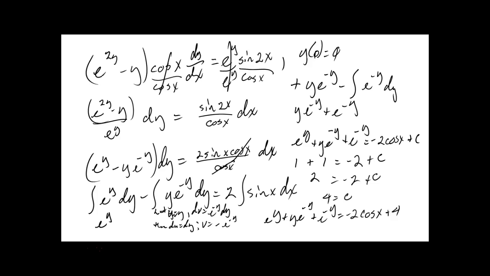Can't solve that explicitly for y at all. You look at that differential equation we started with, not too much chance of that ever being solvable just for y, because that was one complicated looking mixture of things. All right. Separation of variables can do quite a bit for you.